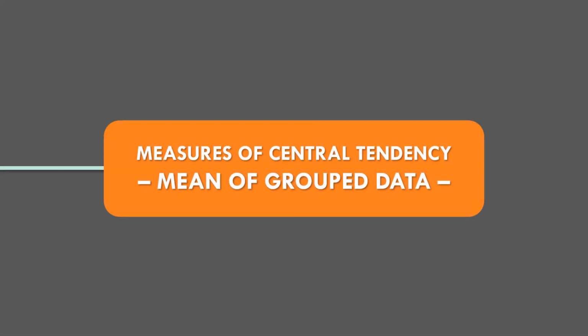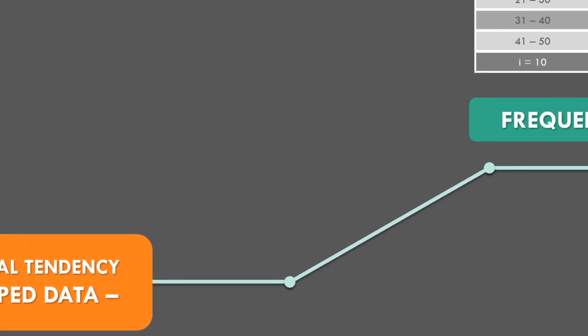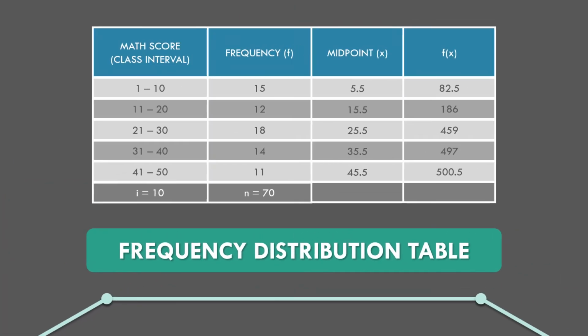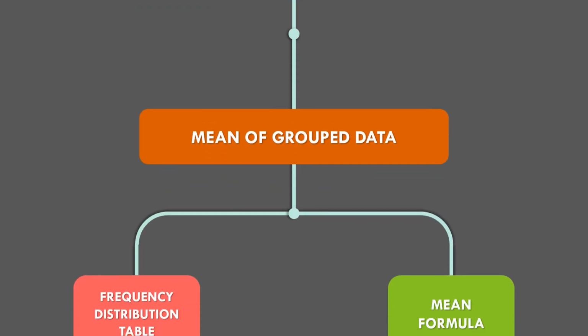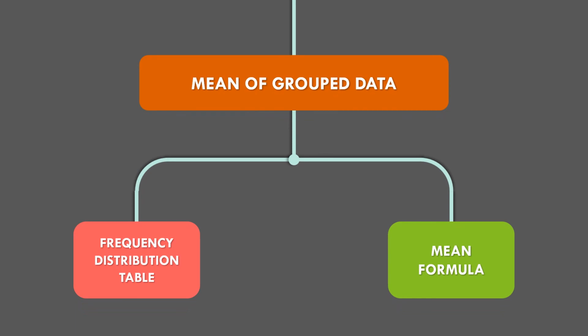Let us recap what you have learned about the measures of central tendency, mean of group data. It is very important in the mean of group data that you have the frequency distribution table. How to find the mean of group data? First, let us get the value of the frequency distribution table.